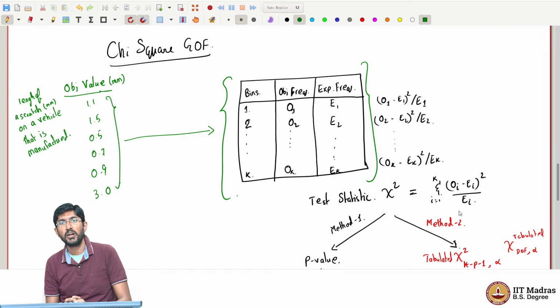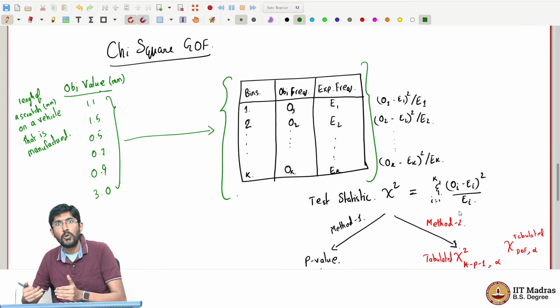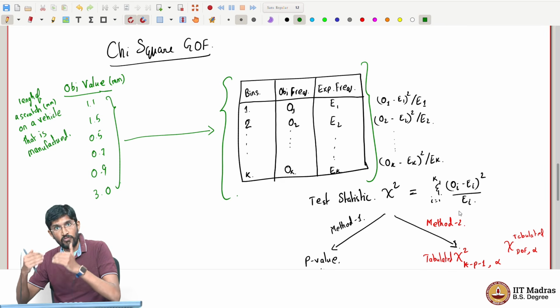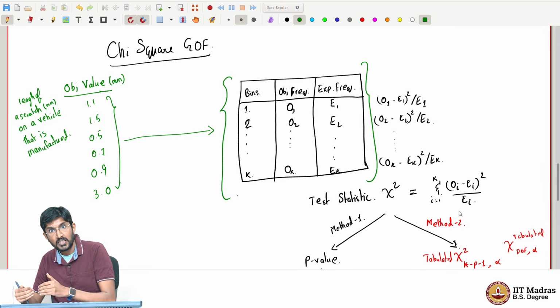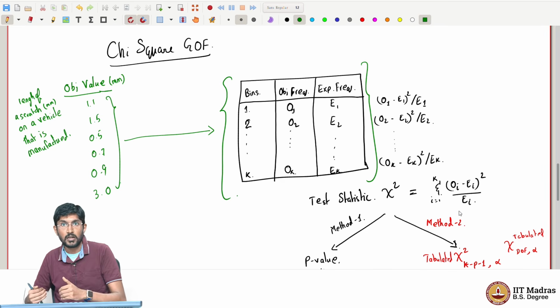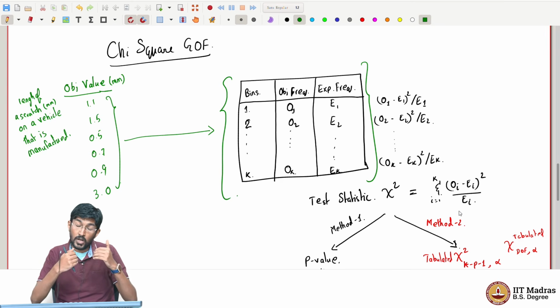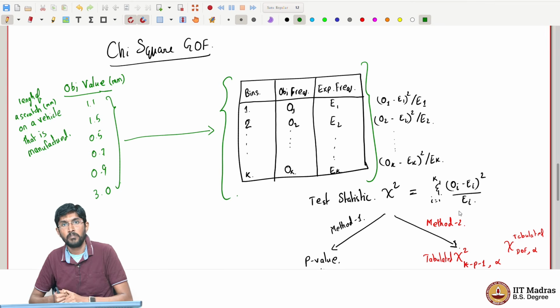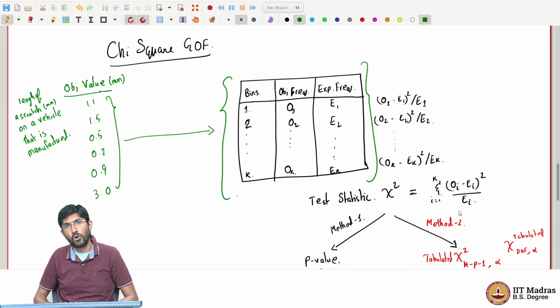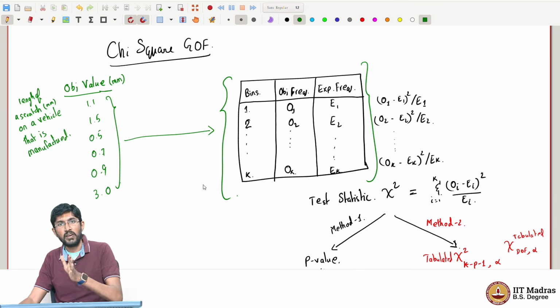And once you have converted it into a frequency table, how do you perform the chi-squared goodness of fit test, and whether you reject the null or do not reject the null. So that is going to be the entire discussion in the remaining two videos of this tutorial. We would stop here, and in the next tutorial we would pick up fitting a distribution for a given data set which is coming from a uniform population.